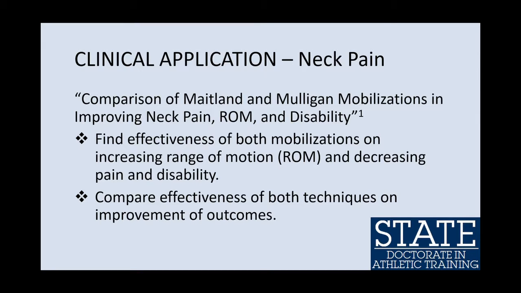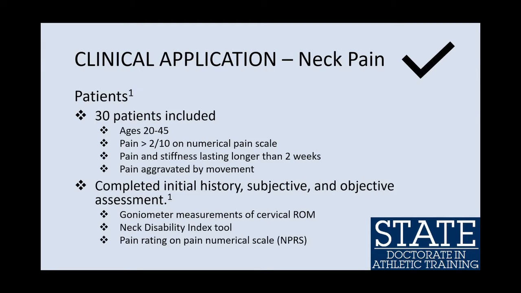So this is a study that I found, the comparison of Maitland and Mulligan mobilizations in improving neck pain, range of motion, and disability. The objectives of this study were to find the effectiveness of both mobilizations on increasing range of motion and decreasing pain and disability, and then as well as comparing the effectiveness of both techniques on the improvement of the outcomes I just listed.